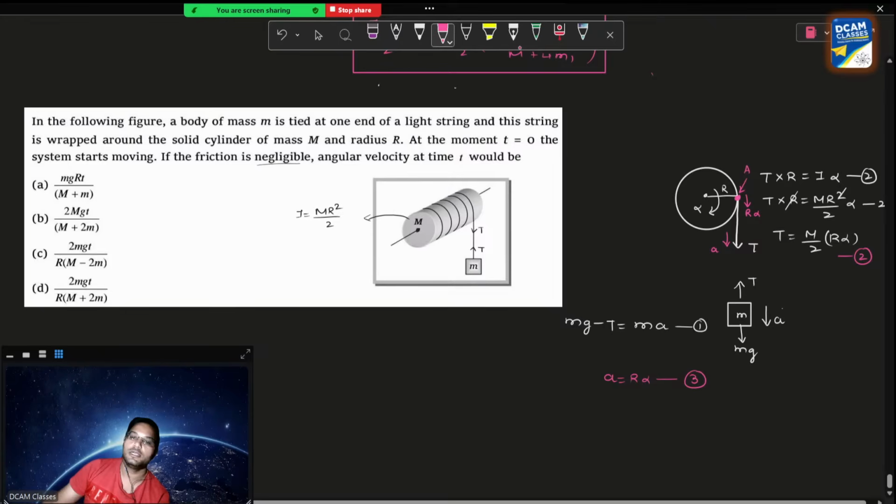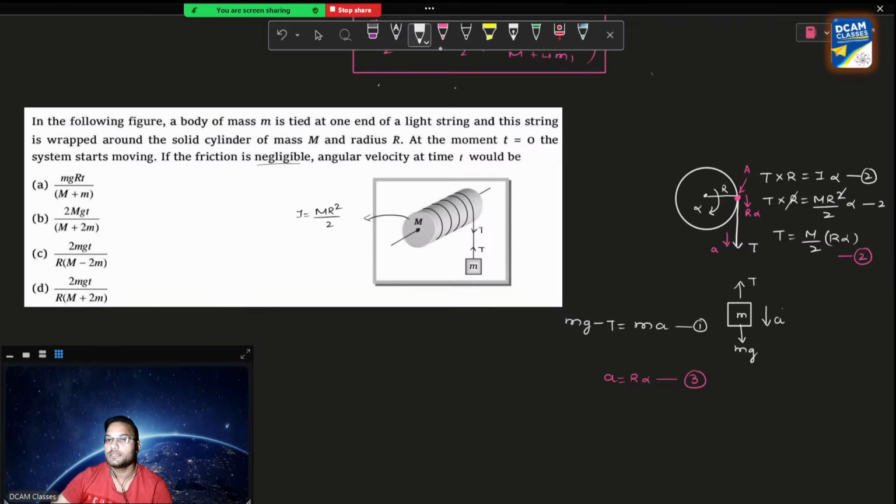I will try to find out the velocity of the block, or the velocity of the string, at any time t, because v is equal to R omega. Its velocity will be v is equal to 0 plus a into t. Initially it was at rest, v is equal to u plus at.